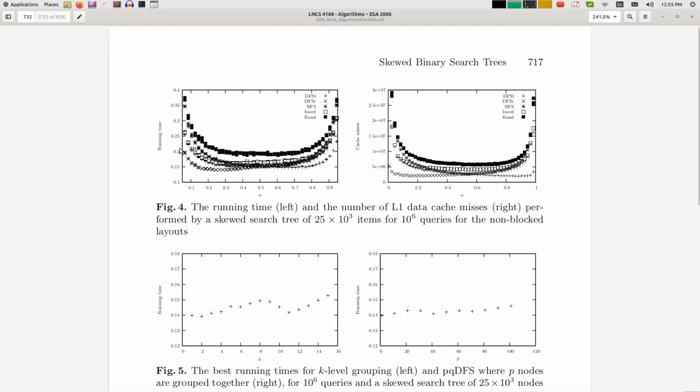But there are some layouts, let's say this one, that go like this, so in this case you need to have slight skewedness. So you can see that there's actually an effect of layout. And when we look at cache misses, we don't see a very concrete picture, because the cache misses do not seem to explain the running time in all of the experiments here.